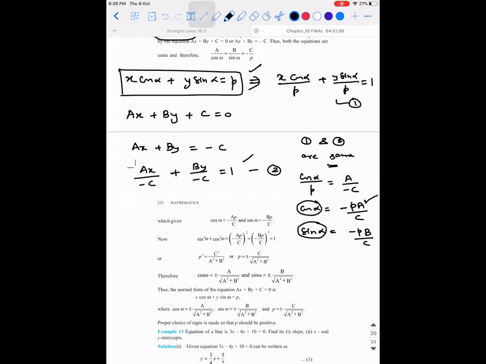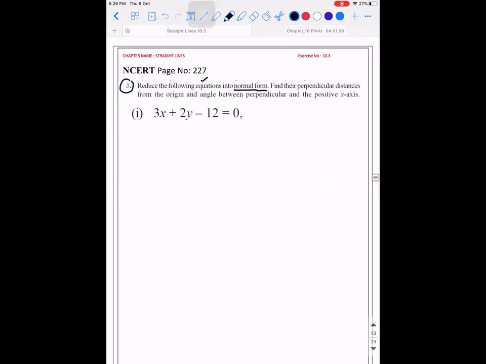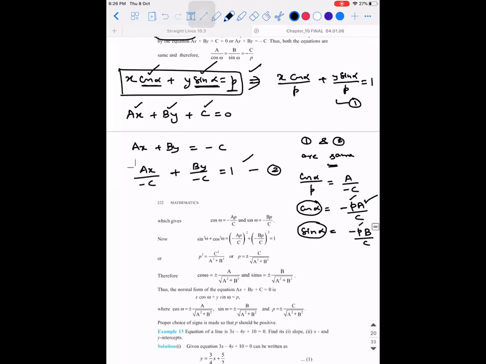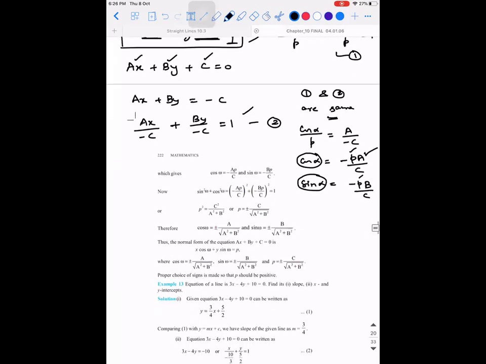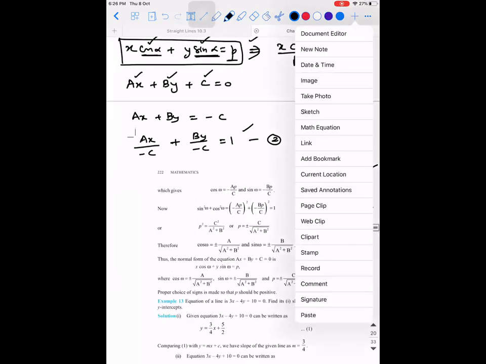For that, observe one thing. You have ax + by + c, and you have x cos alpha + y sin alpha, where cos alpha is one unknown, sin alpha is another unknown, and the third important unknown is the perpendicular distance, that is p.